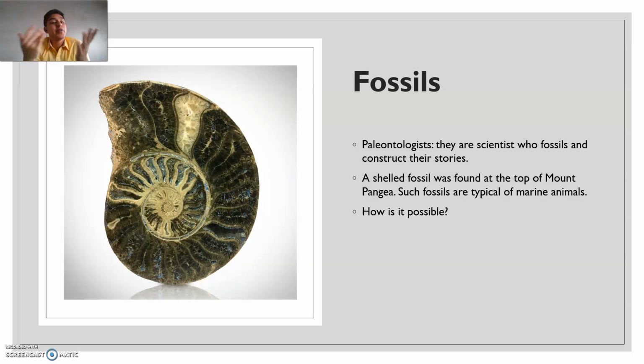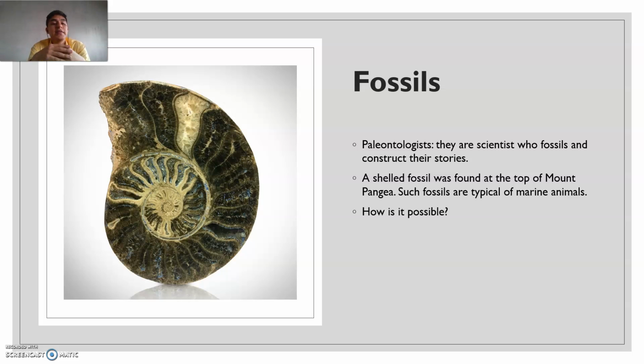I'm pretty sure that you have studied before the rock cycle and the formation of mountains. So with the passing of millions of years, the ground can actually elevate itself and form a mountain. What scientists are theorizing is that this animal, or this fossil that you can see right here, once died at that specific piece of ground.